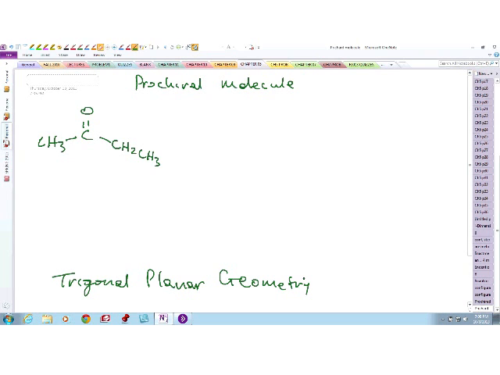Think of this as oxygen, this as the ethyl group, and this as the methyl group. This carbon and the oxygen are all on the same plane. So therefore, we say there are two faces to this molecule.